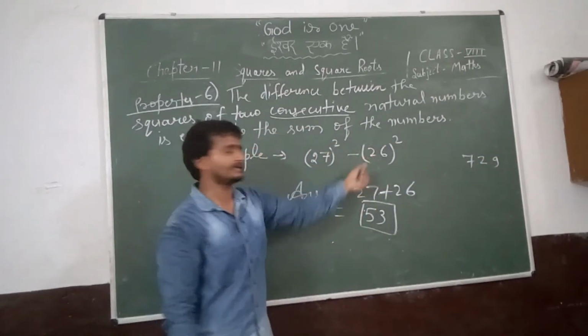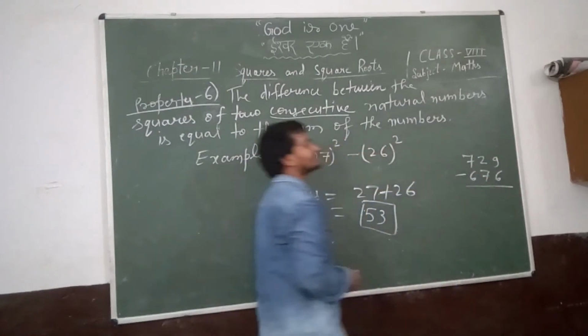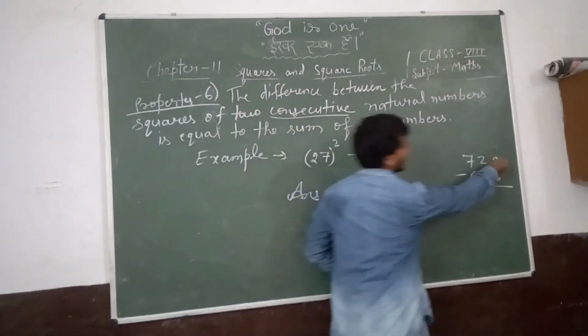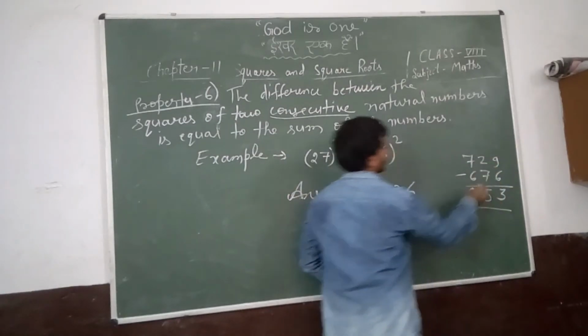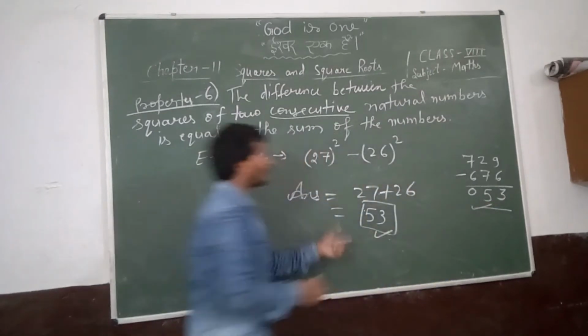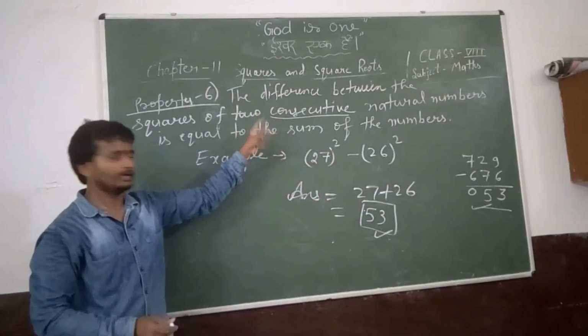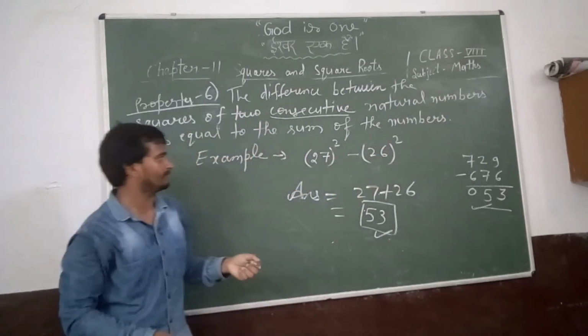Square of 26 is 676. On subtracting, we find 9 minus 6, 3, 12 minus 7, 5. Yes, this is right. So, this is the use of property. If we know the property, then we can easily solve these type of problems.